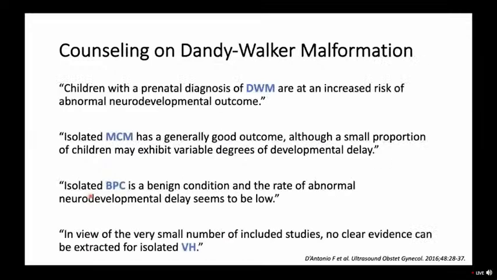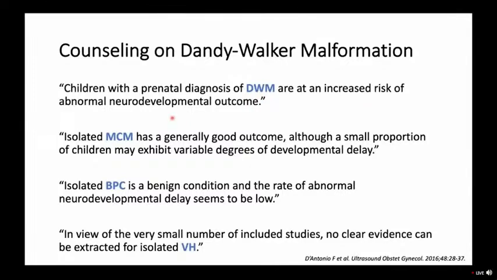Takeaway on all of this: children with a prenatal diagnosis of Dandy-Walker malformation, the classic one, with splayed cerebellum, trapezoid abnormality, a big trapezoid cyst in the posterior fossa, and a tented, elevated posterior fossa on the mid-sagittal plane, are definitely at risk of an abnormal neurodevelopmental outcome.